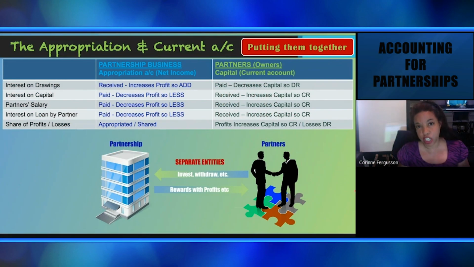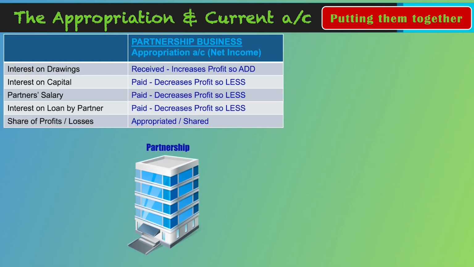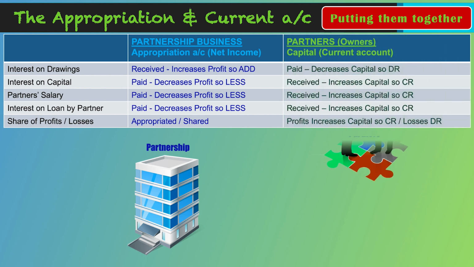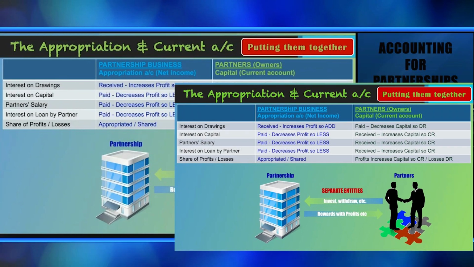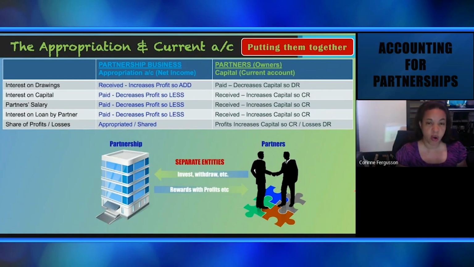So where the appropriation account is from the business point of view in terms of adding to profit and taking away from profit, the current account is from the partner's point of view in terms of adding to their capital or taking away from their capital, which is recorded in the current account.